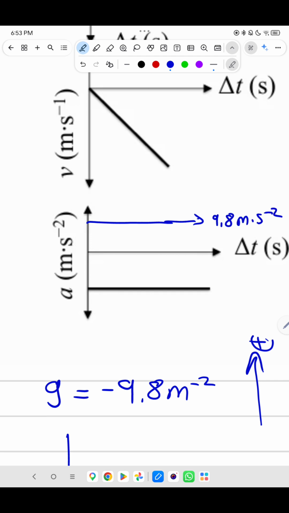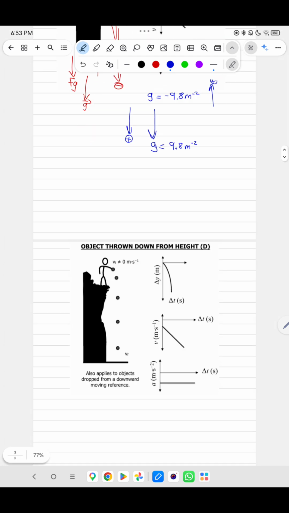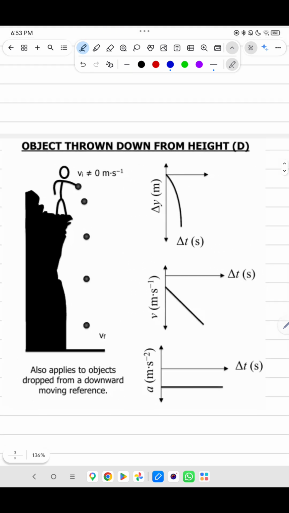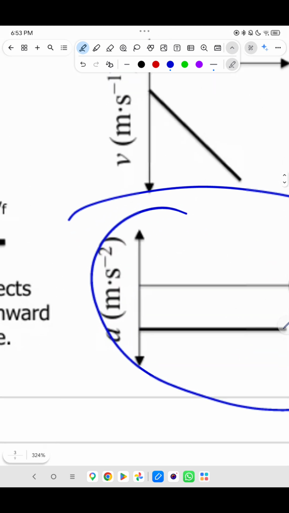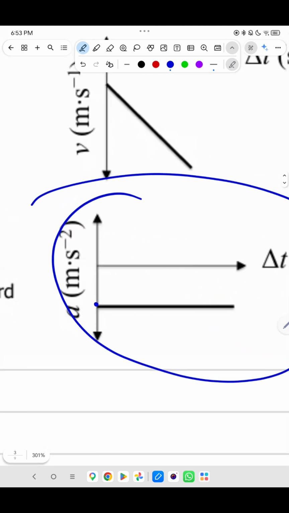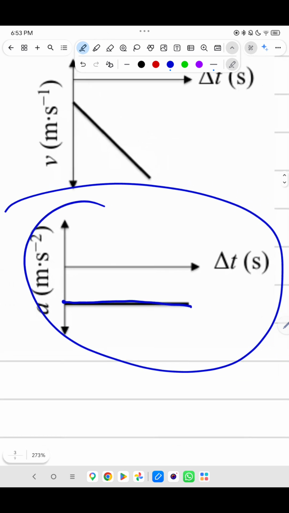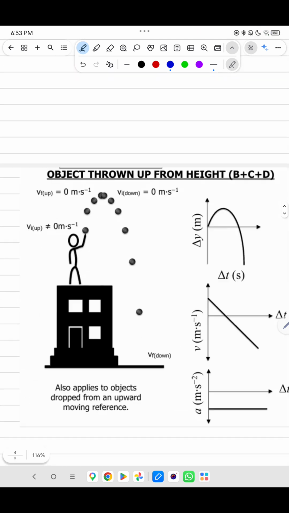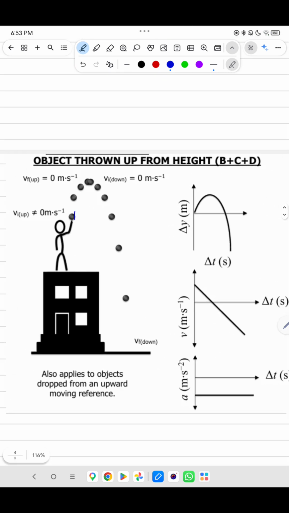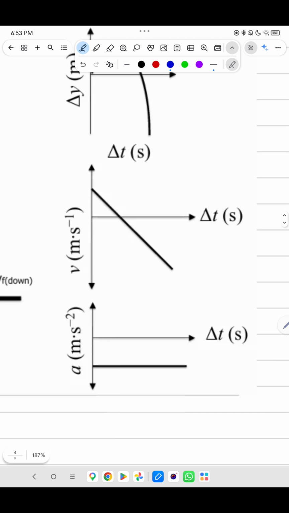Now, it doesn't matter the situation that you have. Take a look at this. Another situation, the same type of graph is always a straight line. Why is it a straight line? Because the gravitational acceleration is constant. Even when time increases, the gravitational acceleration is constant. Another situation, where you toss a ball up and it comes down, still the same graph.